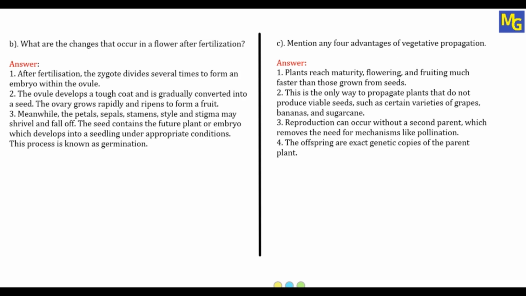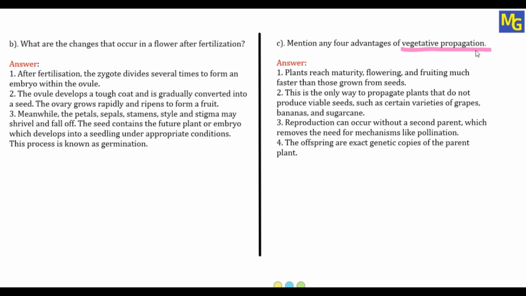As we have seen in the reproduction chapter, we have two types of reproduction, asexual reproduction and sexual reproduction. In asexual reproduction, we can see this vegetative propagation. So what is vegetative propagation? Here we are using vegetative parts of the plant, like leaves, stem, root, etc. These parts we are going to use for the preparation of the next generation or continuation of the generation.